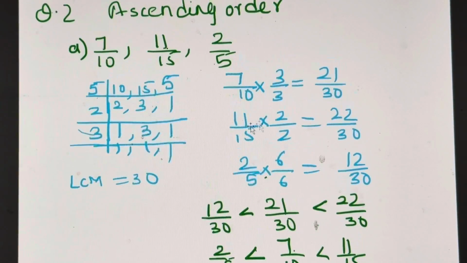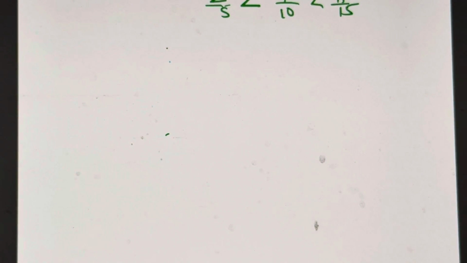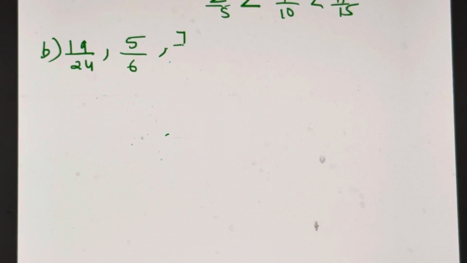Right? Now we'll do question number B of the same ascending order. So question B is 19 upon 24, then 5 upon 6, and 7 upon 12.